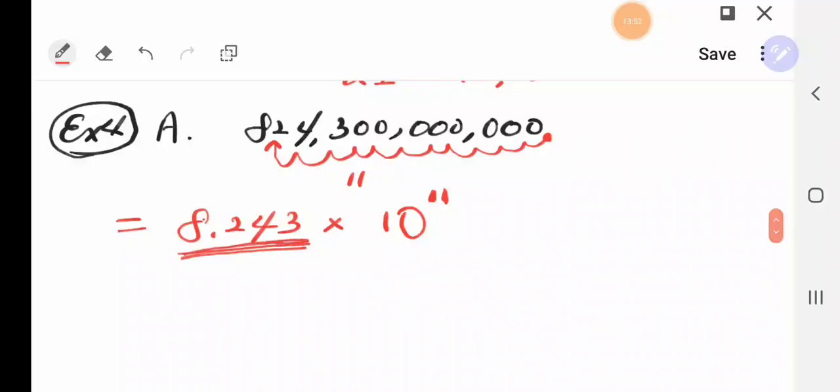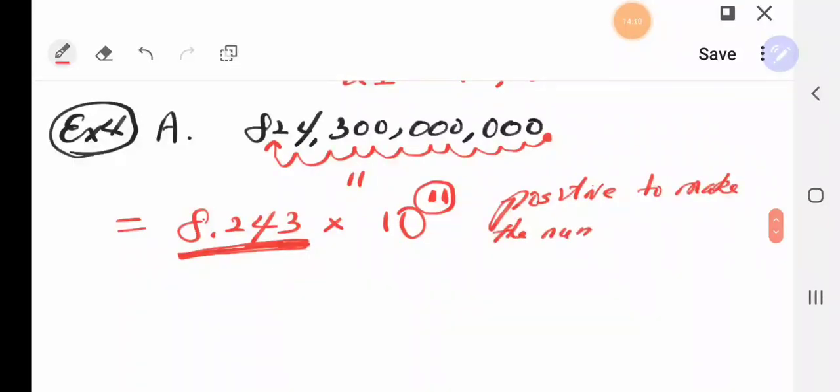But we want to make this number really large, so the exponent has to be positive to make the number large.